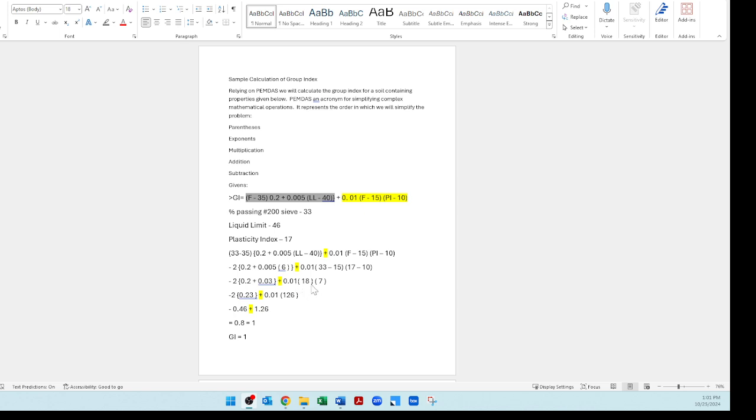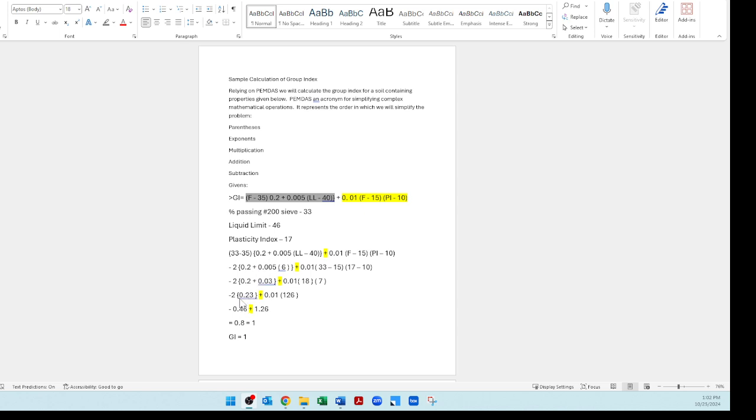Well, that's multiplying right there. We got to get rid of those. 18 times 7 is 126. And if you multiply that by 0.01, you're going to get 1.26. So we're just dang near done now, because we've kind of stayed up with it.